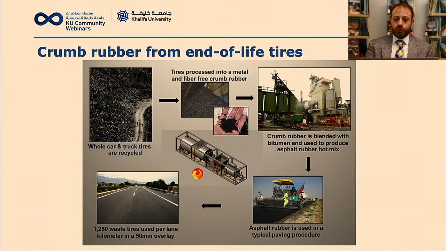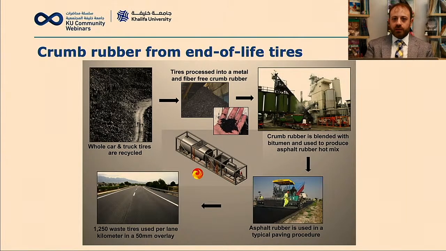When it is reduced to a powder, the rubber from end-of-life tires can be added to our asphalt mixtures. It can be added in different ways. One way to add crumb rubber to our mixtures is basically first mix the rubber with the bitumen, so the hot black stuff in our road, and then this bitumen, rubberized bitumen, is then mixed with aggregates.